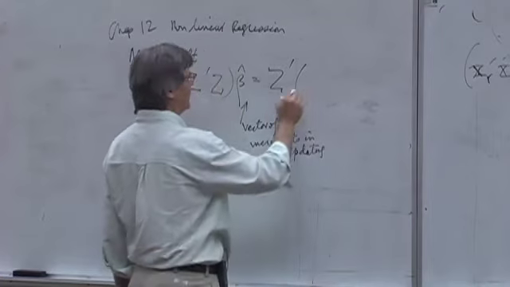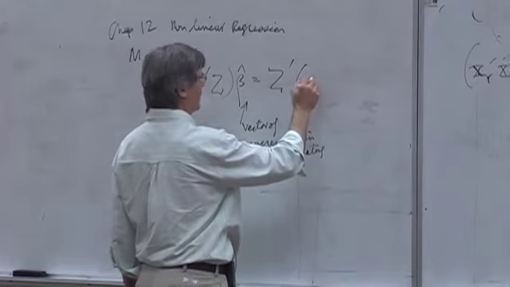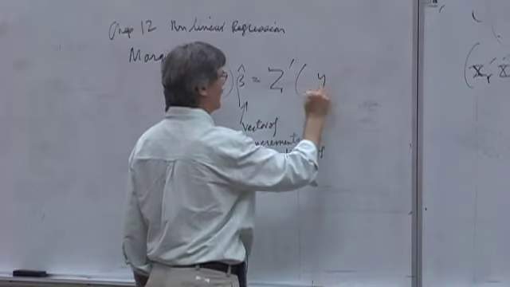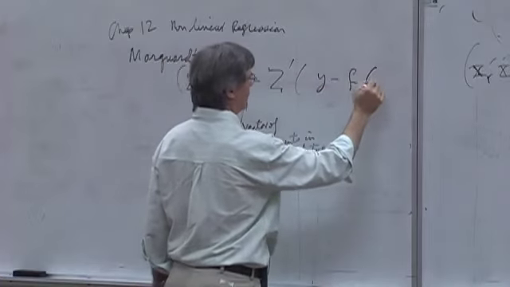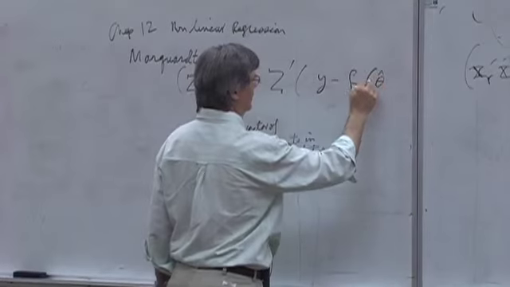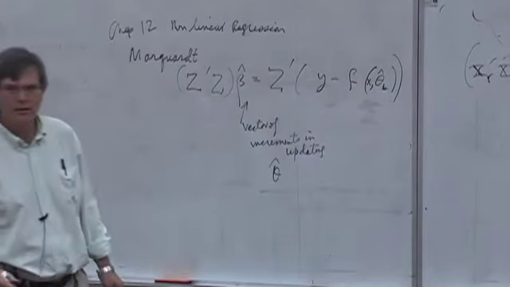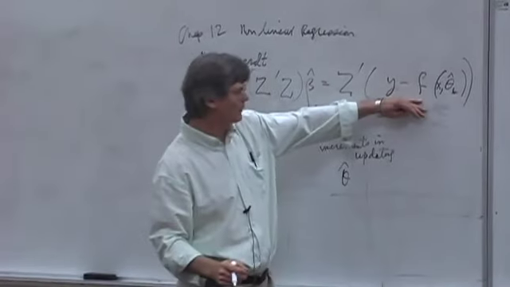Then what you had was an E here. You had a Y minus F of theta hat X and theta hat K. This was the method. Remember, this is what we called the error vector.